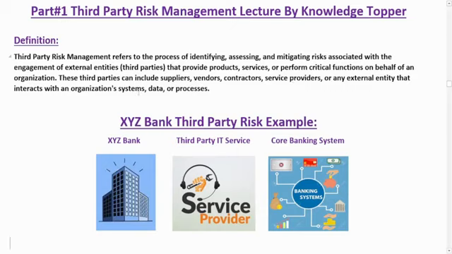These third parties can include suppliers, vendors, contractors, service providers, or any external entity that interacts with an organization's systems, data, or processes. Basically, in an increasingly interconnected business environment, organizations rely heavily on numerous external third parties to support their operations. However, this reliance introduces potential risk to the organization that must be effectively managed to safeguard organizational resilience.